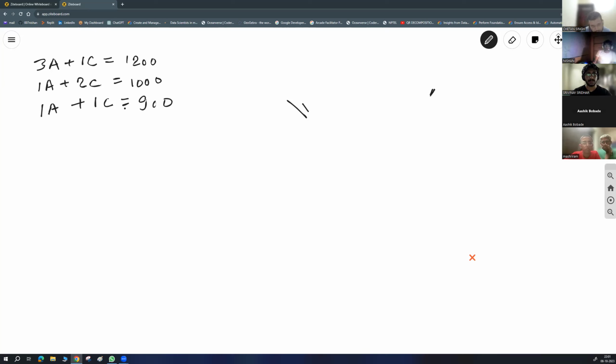Fine. So what do we make out of it? What do we, as a data scientist, given the task to find the best possible quantity of A and C? So what would be our answer? Given these two equations, what was the answer? Can somebody tell us? A is equal to?